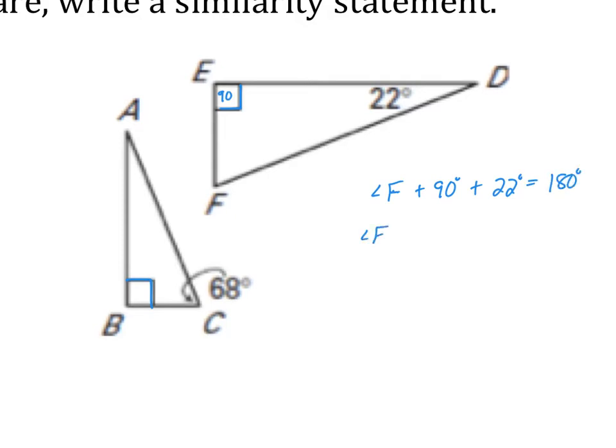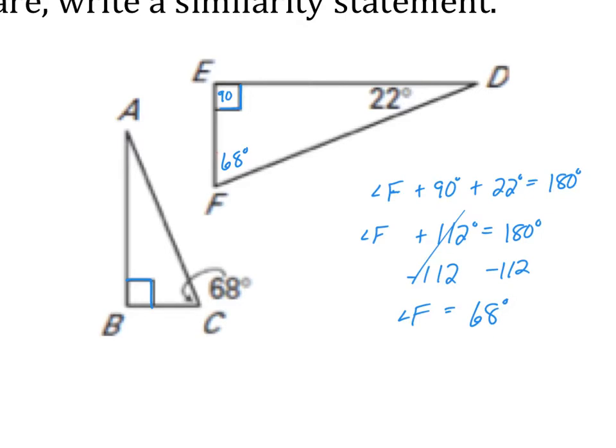So that means angle F plus 112 degrees equals 180 degrees. And we will solve this for angle F. How do you cancel plus 112? We do the inverse, which is minus 112. So angle F equals 68 degrees.